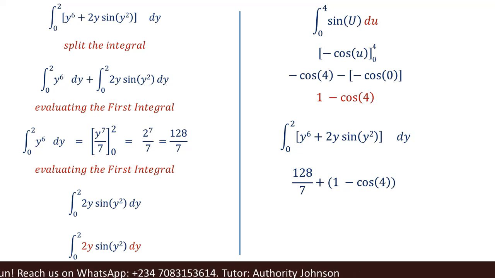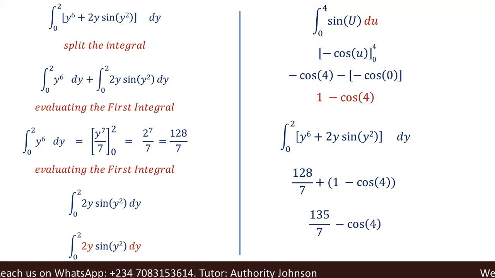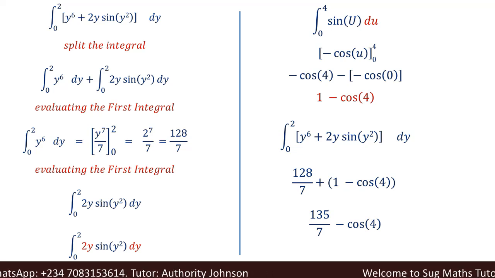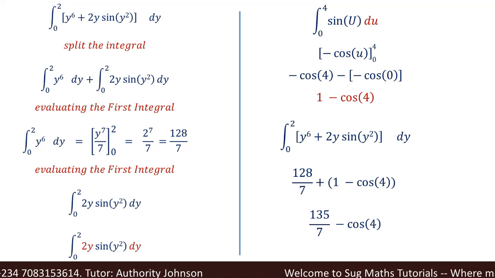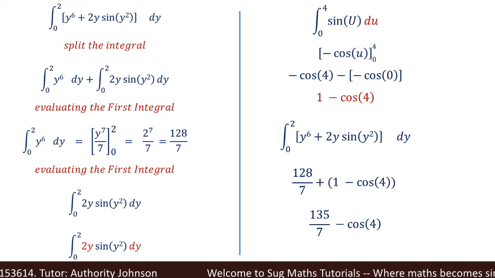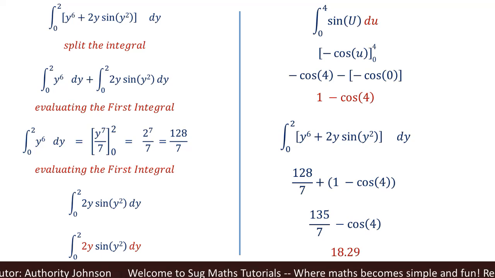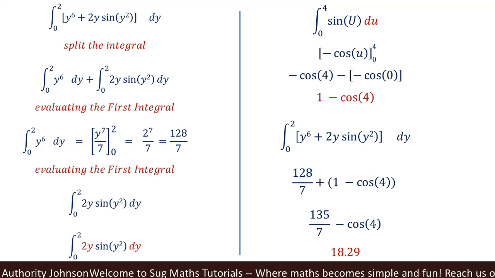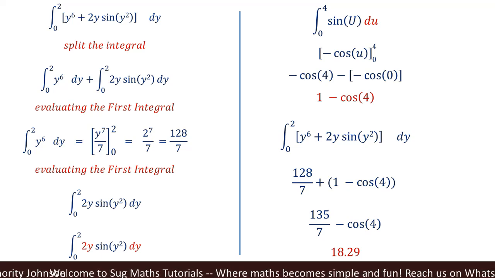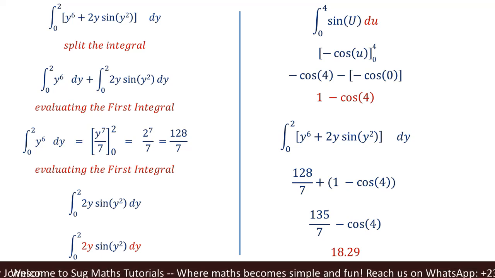Let's combine this together. We're going to have 135 all over 7 minus cos 4. We can leave it this way, or if we simplify further, we're going to see that the area of this region is 18.29 units. Are we together?